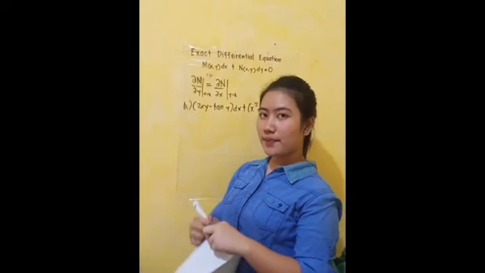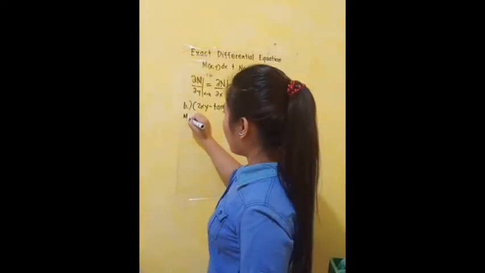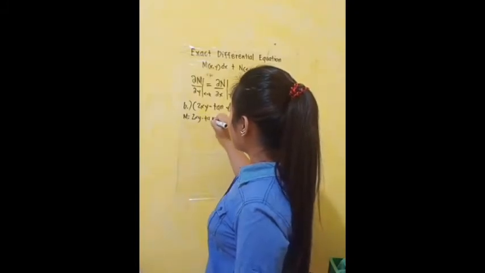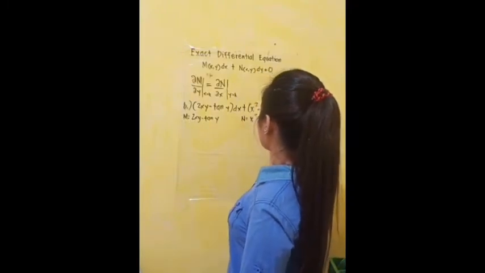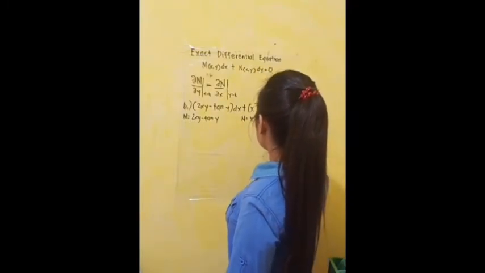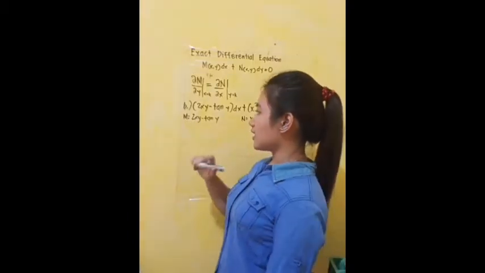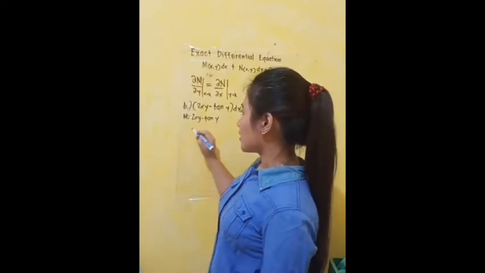So, yung first step ulit natin is to determine where is the M and where is the N. So, M ay 2xy minus tan y. Ang N natin ay x squared minus x sec squared y. So, ayan. Tapos, pupunta tayo sa pagkuha ng partial derivative.